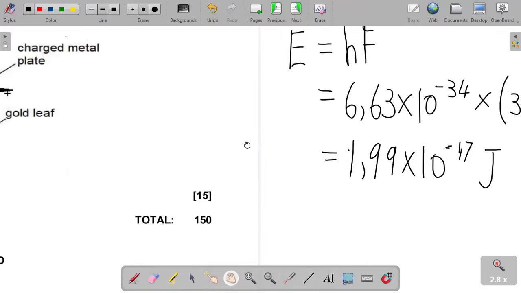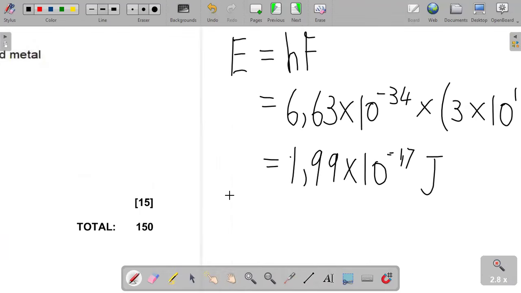As you can see here, the energy of this light is greater than the work function.